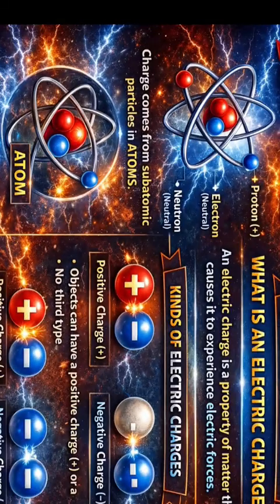The second one is negative charge, caused by gain of electrons, and here the object has more electrons than protons. So a positively charged object has more protons than electrons, while a negatively charged object has more electrons than protons. There is no third type of charge. Those are the two types of electric charges.